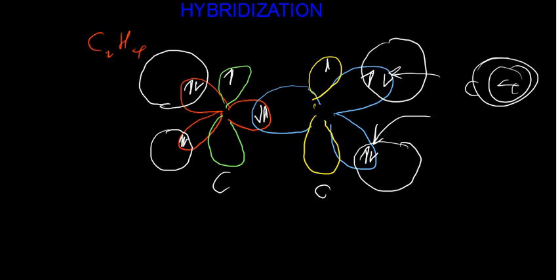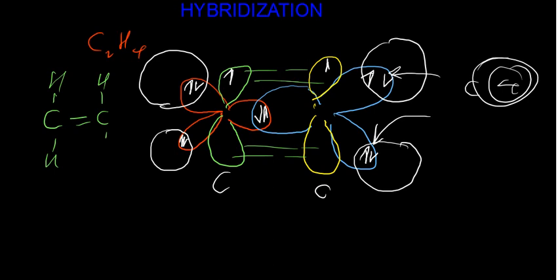Now these p orbitals which have not reacted can also overlap. That overlapping is what forms a double bond. So hence we have got this structure like that. So the result of a double bond is due to the overlapping of the p orbital, which was not hybridized. So that is what happens in sp2 hybridization.